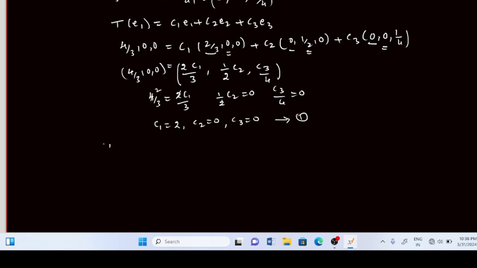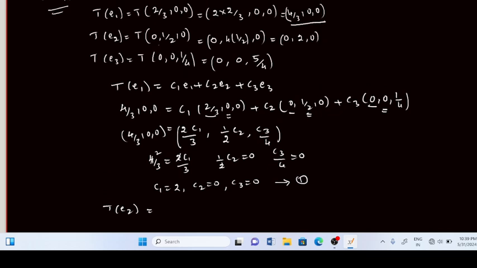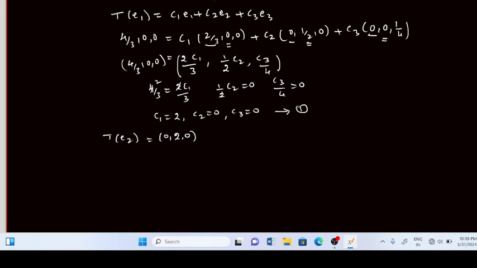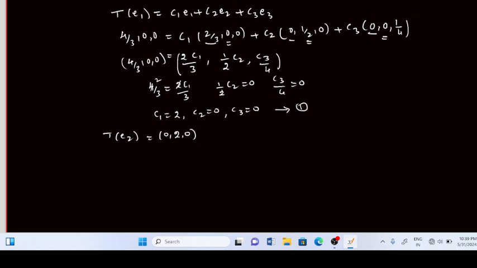Similarly, T(E2) is (0, 2, 0) equal to, we must find these values.